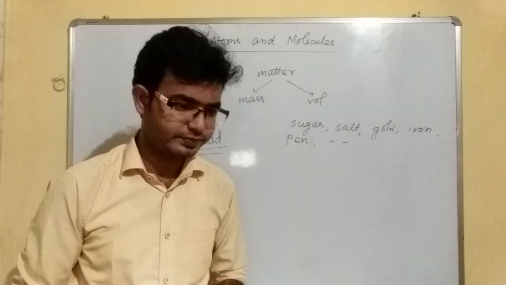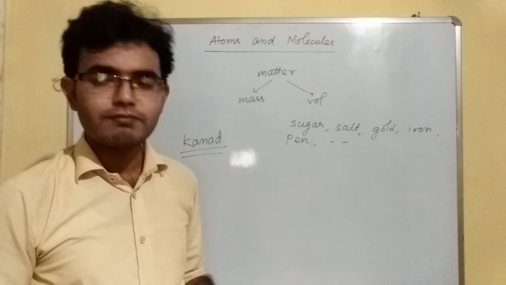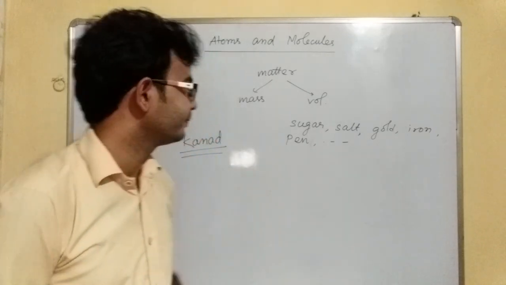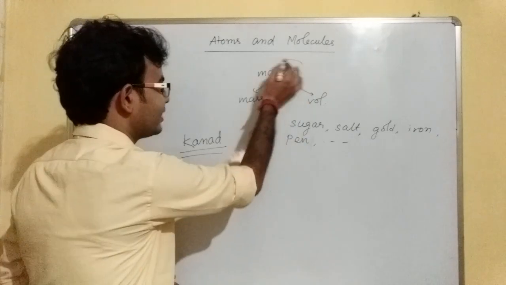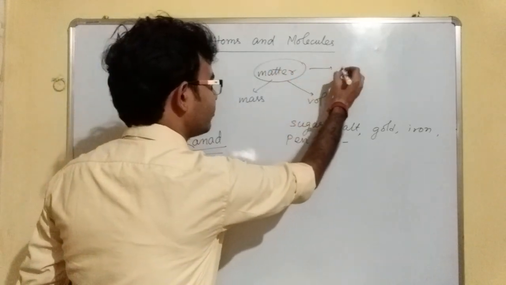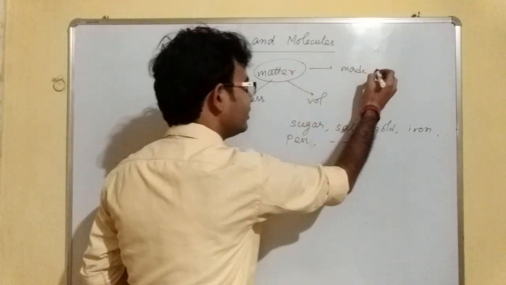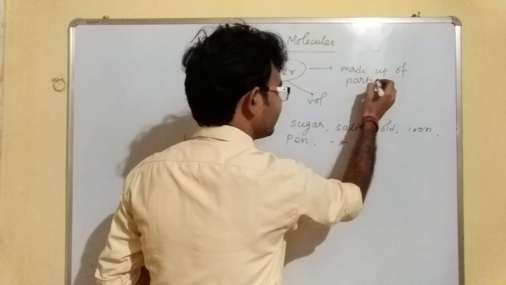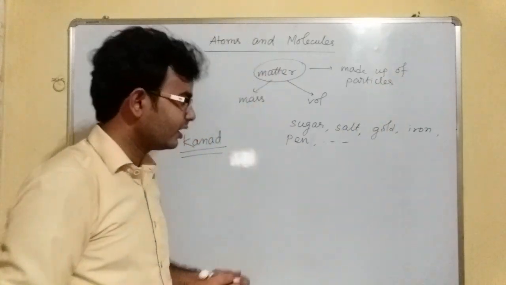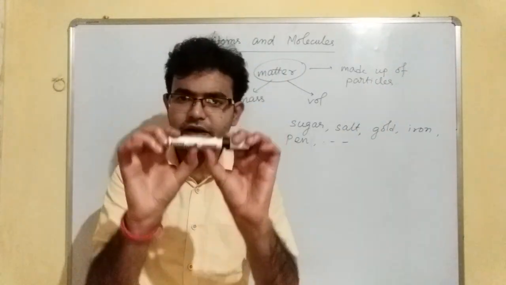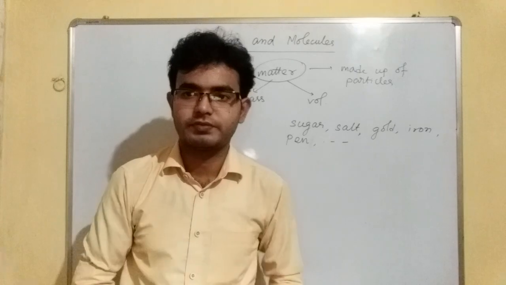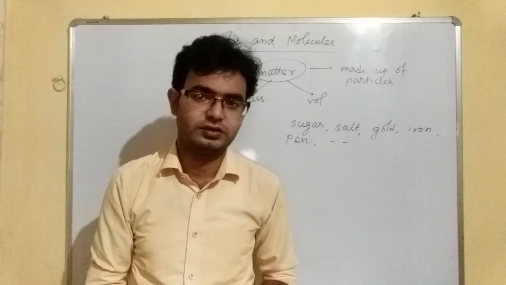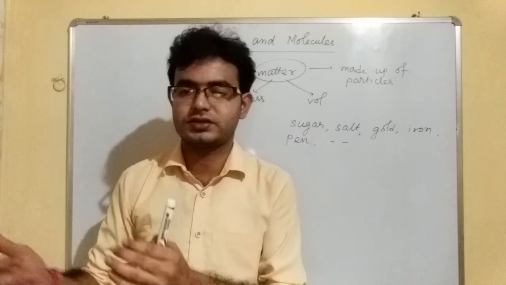He said that all the matter are made up of particles. Means, if we break any matter, suppose if I break this pen, we will get two parts of this pen. If we break that part again and again, then we will get smaller parts.